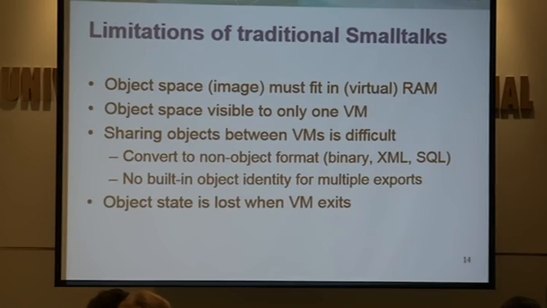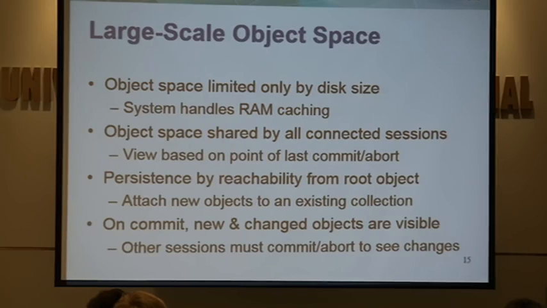So object space must fit in RAM, again traditional, visible to only one VM, sharing, and with a large-scale object space, you're limited only by the size of the disk, though we do cache in memory for performance. Object space is shared by all connected sessions, and the view is based on the last commit or abort.